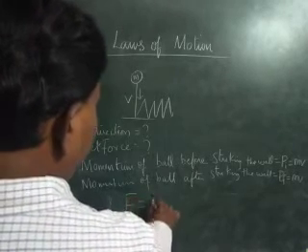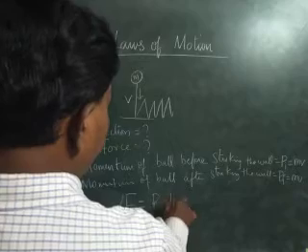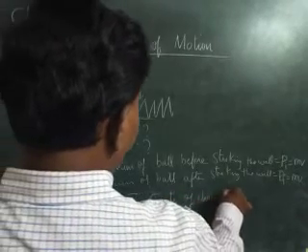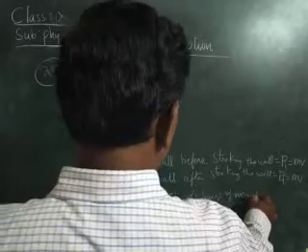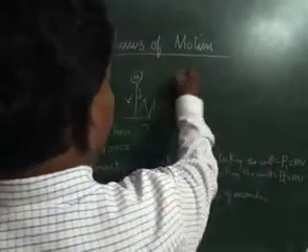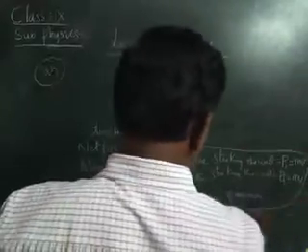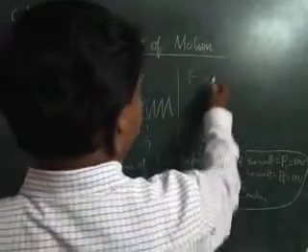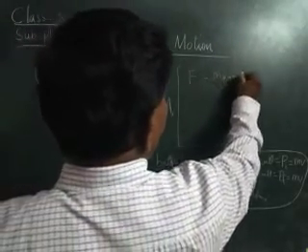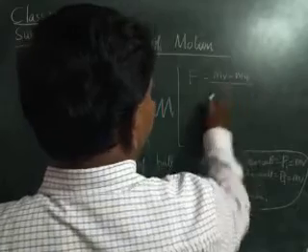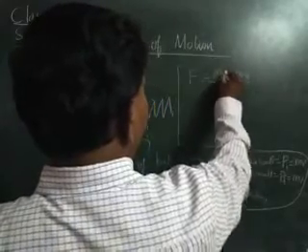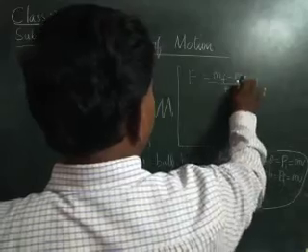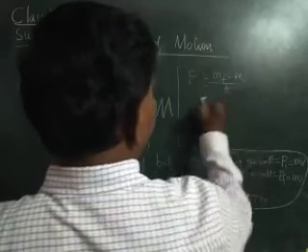Net force is given by the rate of change of momentum. That is given as mv minus mu by t, or the final momentum minus the initial momentum by t.